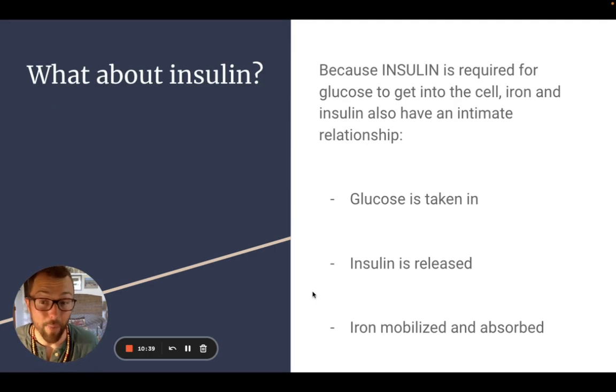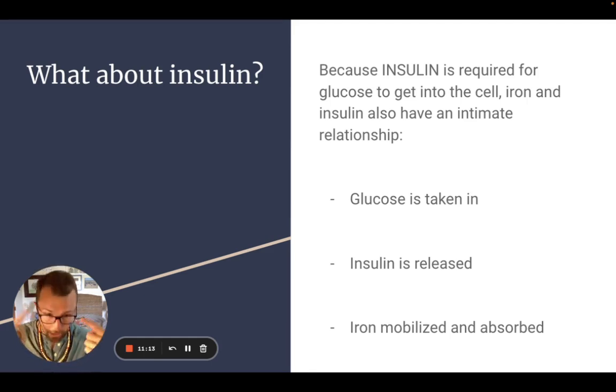And now as a diabetic, when you think of taking glucose in, you think, oh, insulin, right? Insulin is the protein that is making sure that glucose can get into the cell where it can be used to create energy, right? So because insulin is required for glucose to get into the cell, and iron is needed to use that glucose properly, insulin and iron have a relationship together, okay?